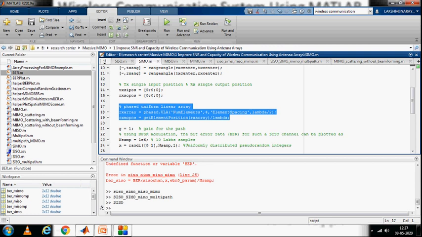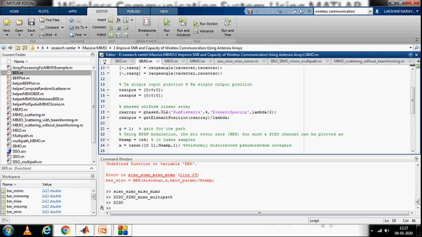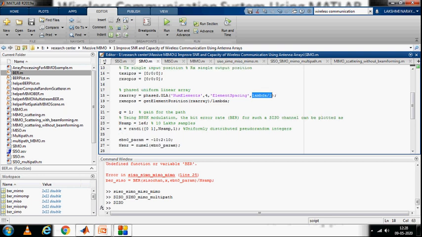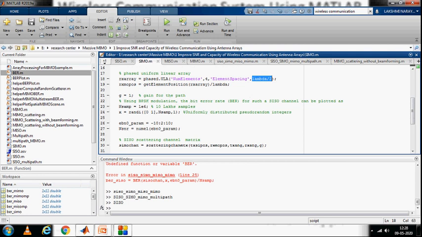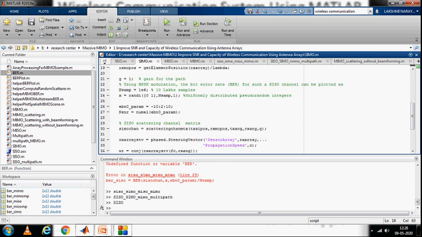That's why for the one transmitter antenna there is no need to define it, but we need to define the number of receiver antennas. Here the number of receiver antennas is 4. The gap distance between the array elements is lambda by 2, and it is the position. After that we need to define the number of samples and the scattering matrix, the channel.